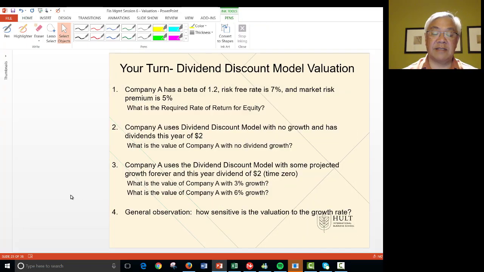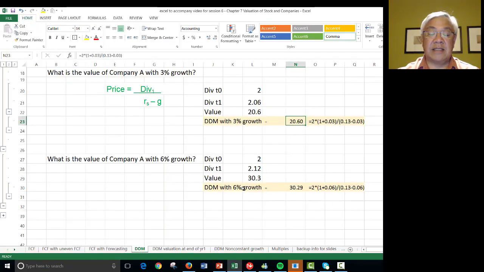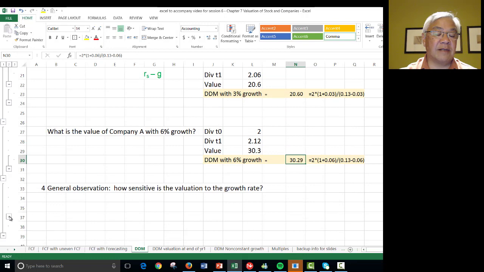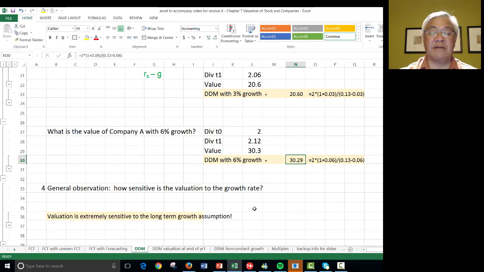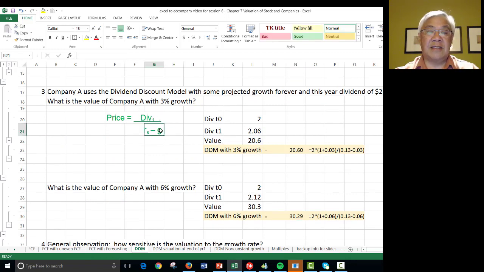And the last question is, how sensitive is valuation to the growth rate? Well, observe that at 3 it's 20 and at 6 it's 30. So the answer is quite sensitive, right? It's extremely sensitive to long-range growth. Something as powerful as the G makes sense because we're looking at growth forever.